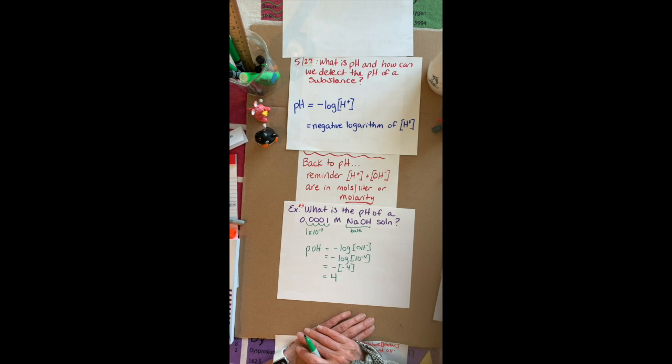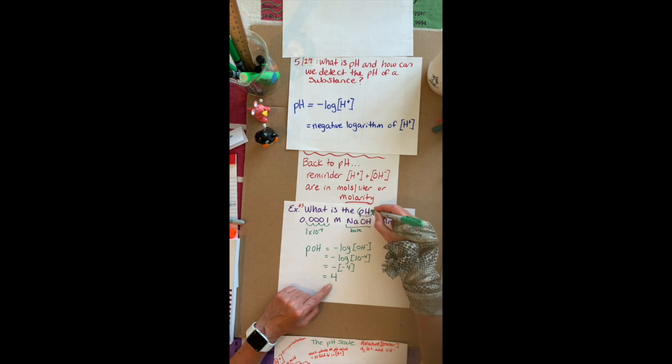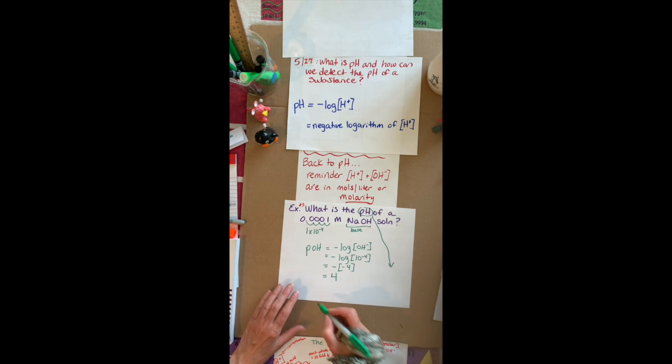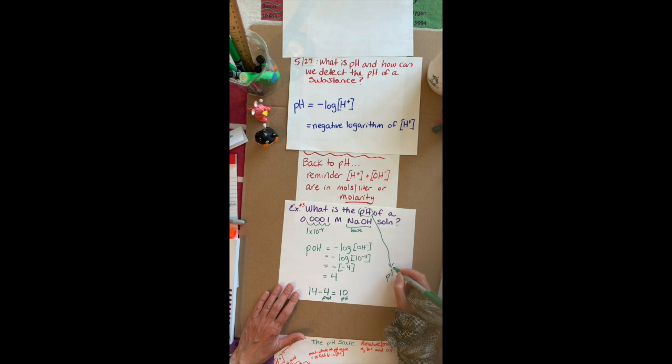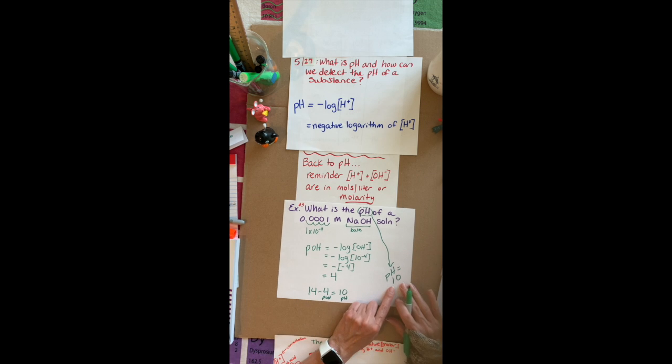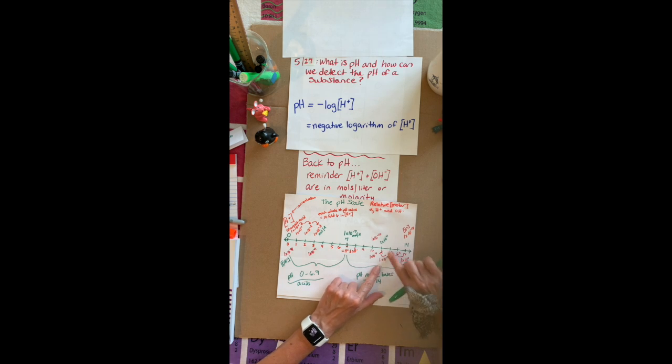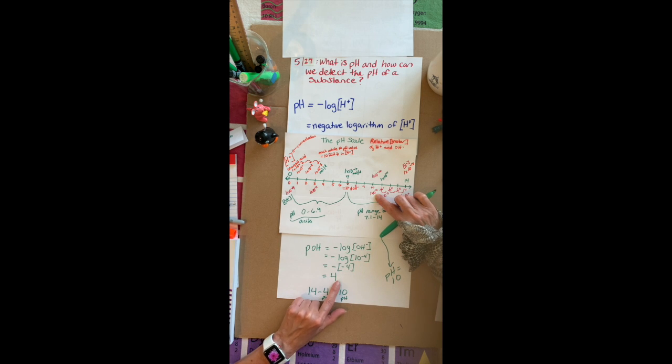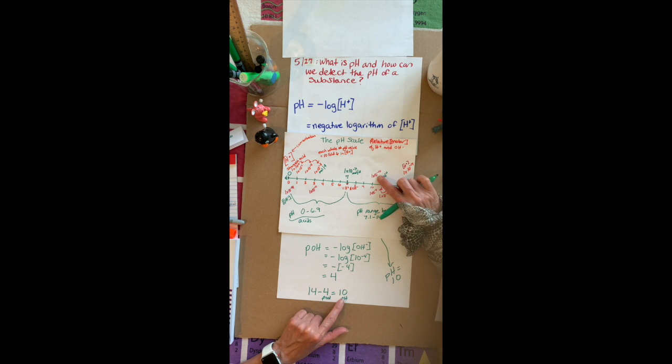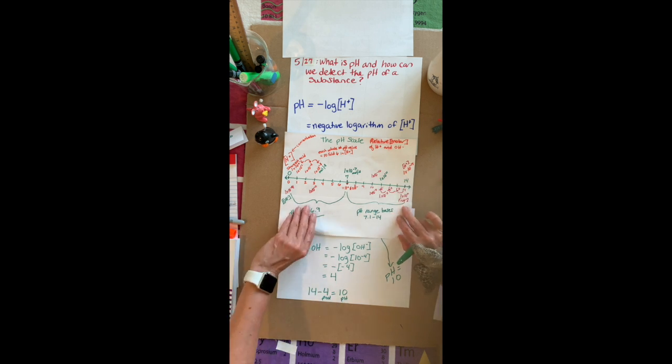It equals pOH of 4. Now, this question is asking for pH though. So 14 minus 4 gives us 10, which is the pH. And that should make sense, right? Because this is a base, and here it is, where you have 10 to the minus 4 hydroxides relative to 10 to the minus 10 hydrogen ions.